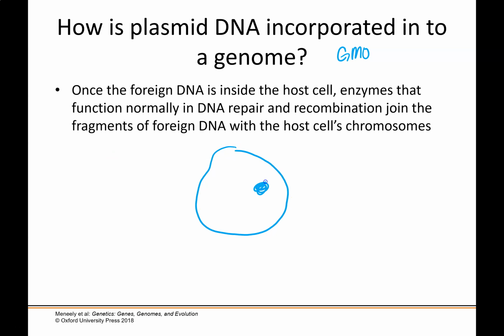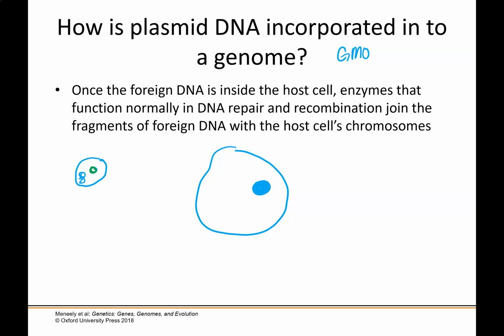I'm just going to draw a nucleus here. And we have our little E. coli cell with our plasmid of interest. And then we've also got our genomic DNA. I'm actually going to draw our plasmid in a different color. Here's our plasmid.